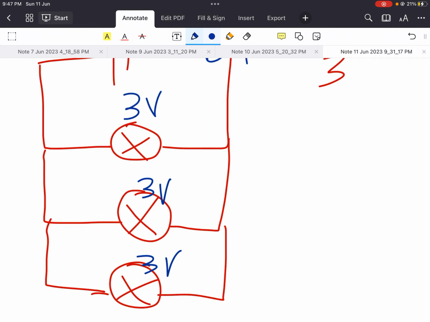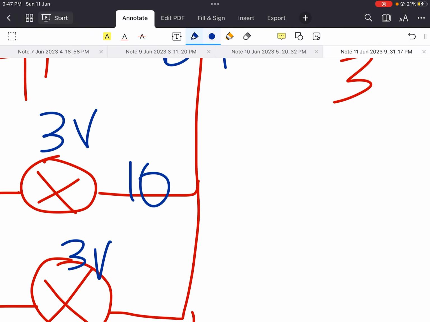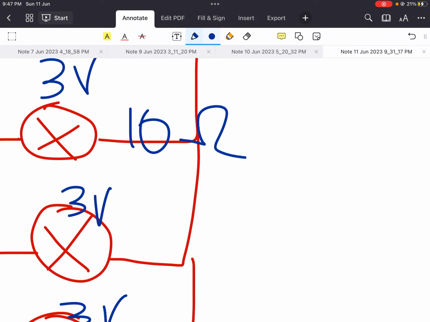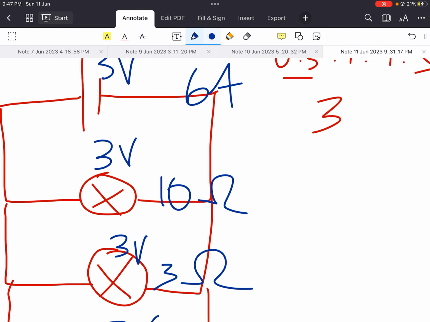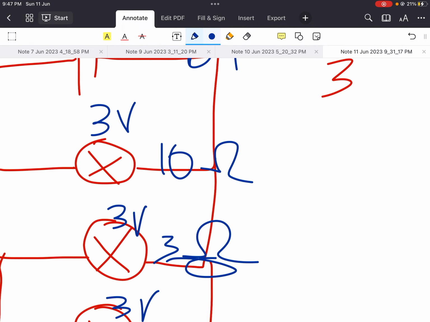But if they're not identical, if they have different resistances, then they will get different amounts of current. Let's say you have 10 ohms over here, and 3 ohms over here. Which junction do you think more current will flow through? More current will flow through the 3 ohm junction, because there's less resistance. Why would current choose to flow through the path with higher resistance? It's more difficult to get through, so it's going to flow through the low resistance path.